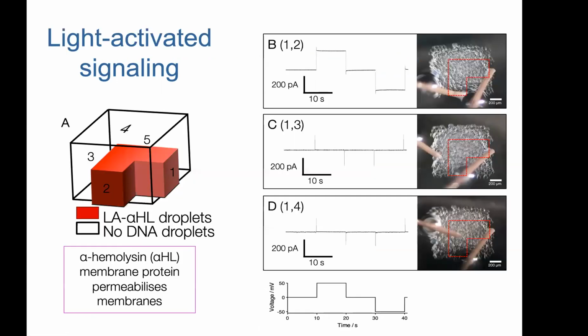And that allowed Mike to also express the protein pore, which is of course colorless, again in a defined part of these 3D printed structures. And that in turn allows you to transmit an electrical signal along this pathway. And so this is an example. It's irreversible in this case, but it's an example of light-activated signaling.